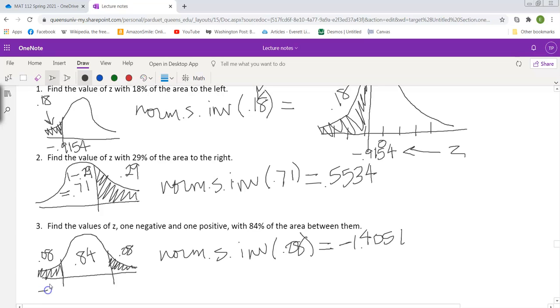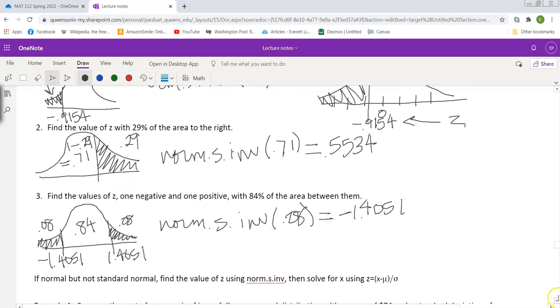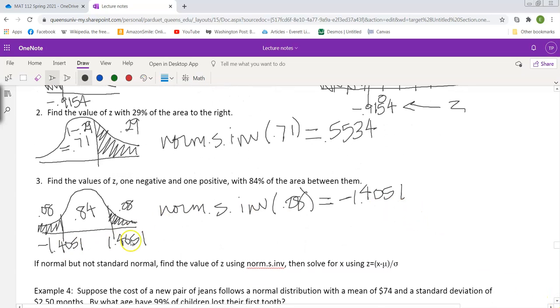So negative 1.4051, and then up here it's 1.4051. And those are our two values.